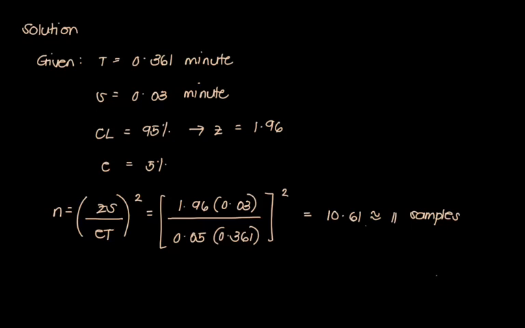Now, since naka 10 samples na tayo, we'll only be needing one more additional sample to attain the desired confidence level and error. So, for this example, we will be needing 11 samples or one more sample from the 10 cycles that were already conducted.